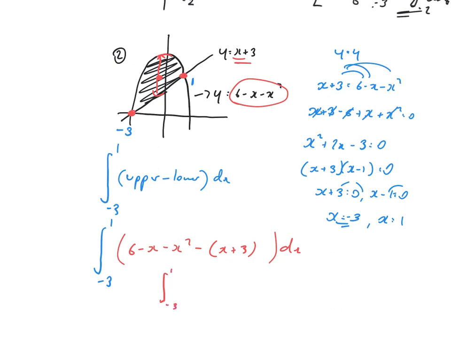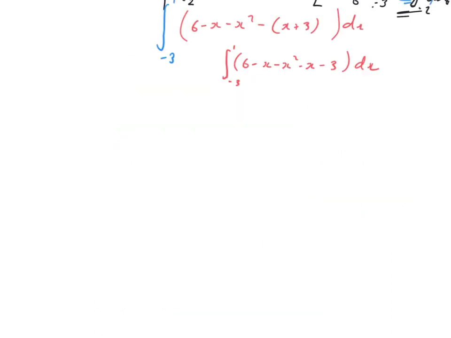Okay, so between 1 and minus 3, 6 minus x squared minus (x minus 3). And then collect together like terms. Okay, so 6 minus 3 is 3, minus x minus 2x minus x squared. Okay, so let's integrate it.